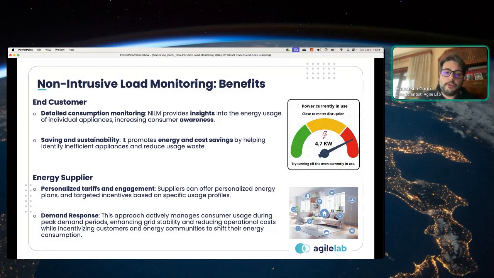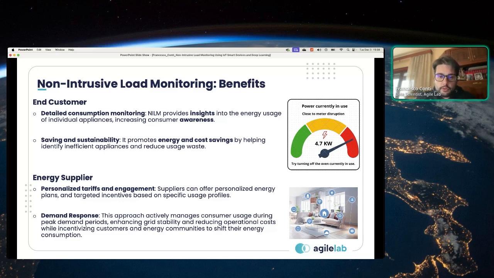Okay, but before let's discuss why should we be interested in this kind of technologies. So let's start with how NILM techniques benefit end customers. Indeed, with this kind of technologies, users can have a clear picture of how much energy each appliance is using.